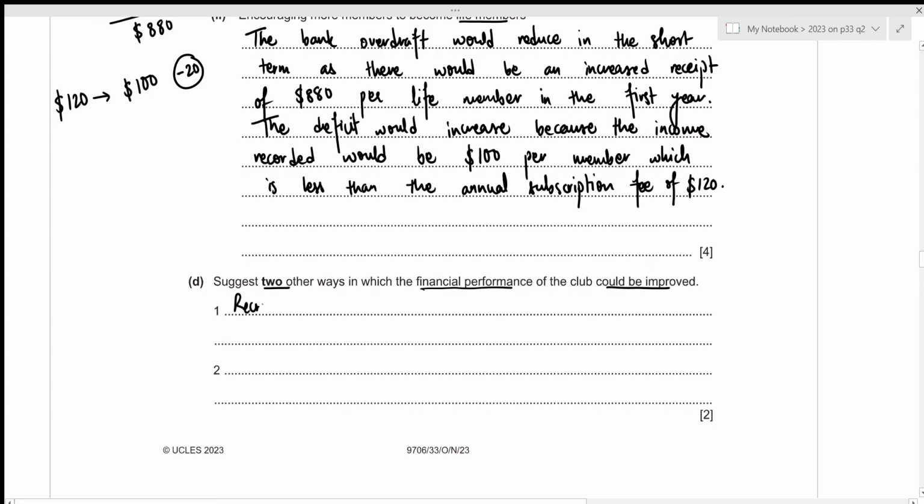So recruit more members. And the second method would be to increase the annual subscription fee, so that again our total subscription fee will increase, which might turn the deficit into a surplus. So increase annual subscription fee.